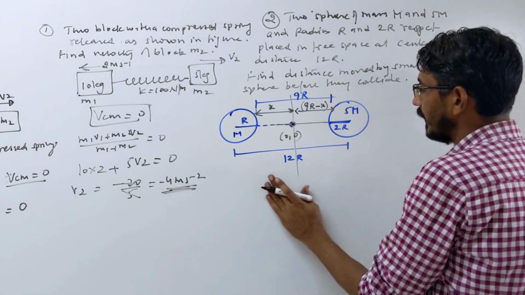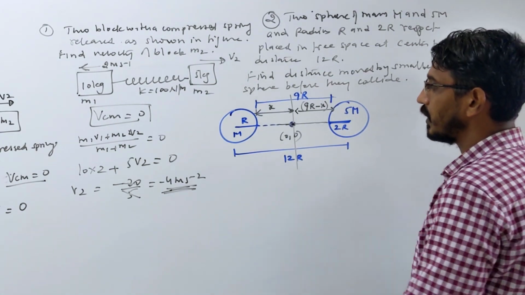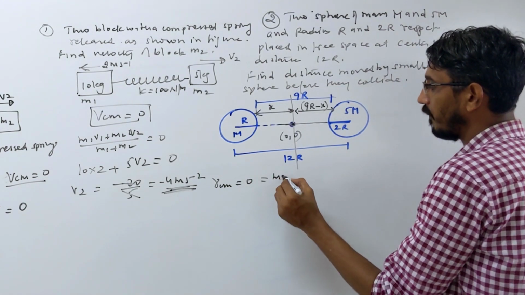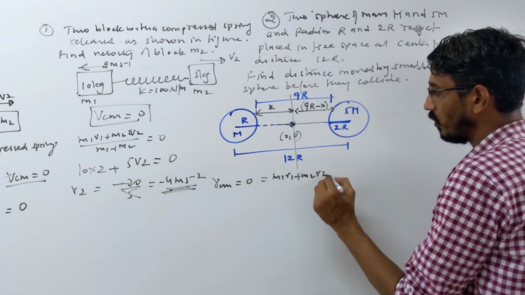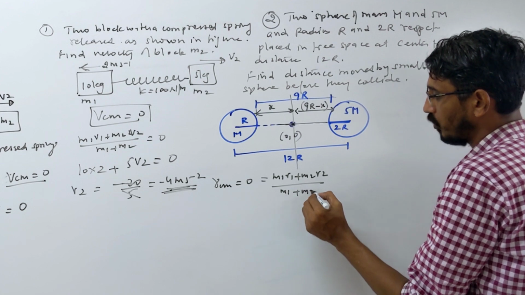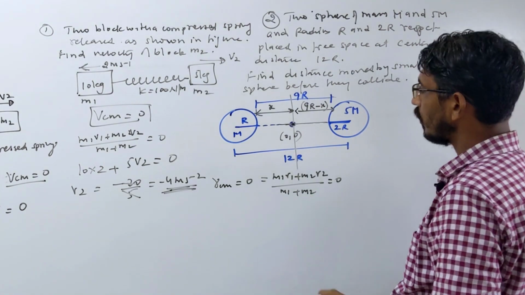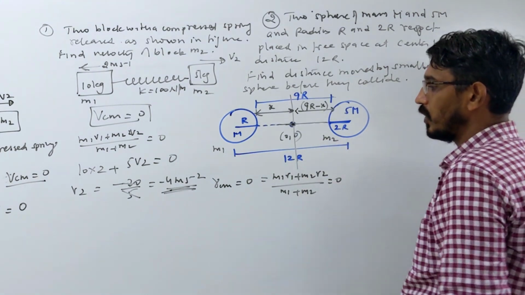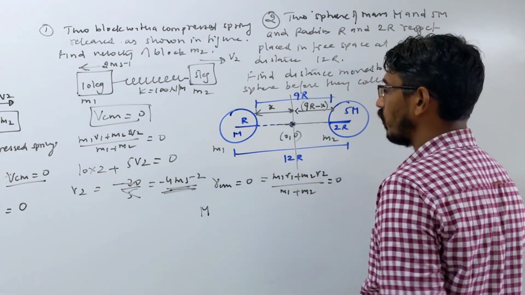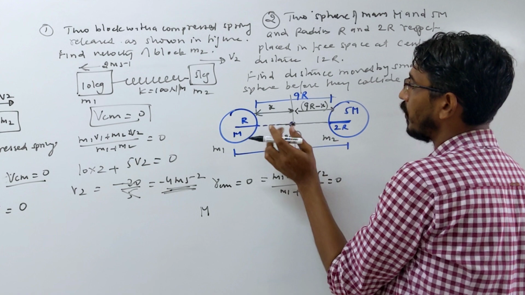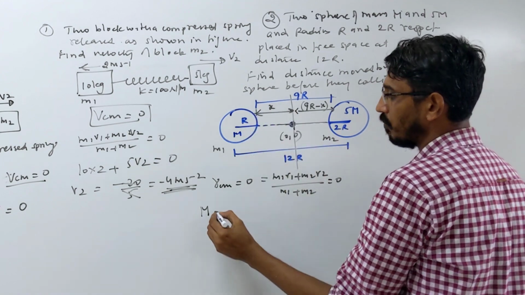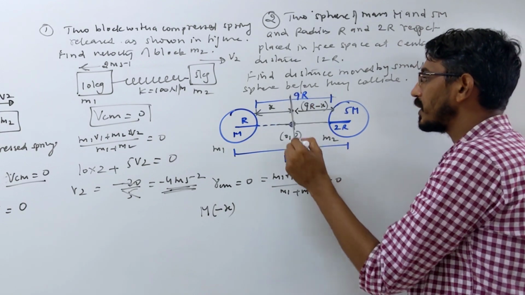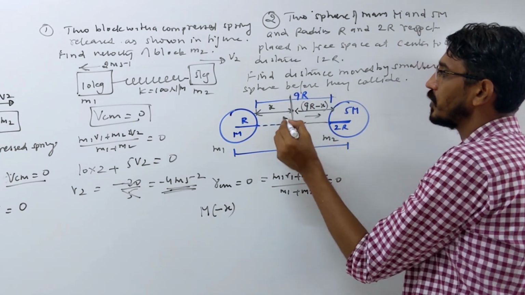So the center of mass is not affected, which means R_CM should be equal to 0. It means (m1 r1 plus m2 r2) by (m1 plus m2) should be equal to 0. This block I am calling m1, that one m2. So m1 is mass m, and its distance with respect to that point is x, but in the negative direction, so minus x. This is the coordinate system with origin here, that side positive, that side negative.